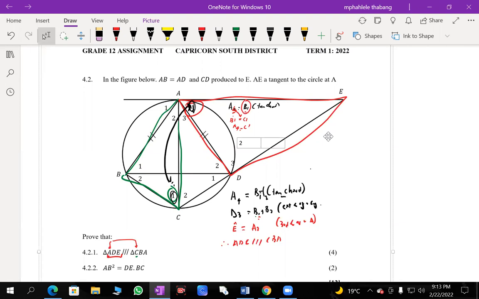Actually, 4.2.1 and 4.2.2 are the simplest questions. Why? Because 4.2.2 is a follow-up of 4.2.1, the question that comes after.